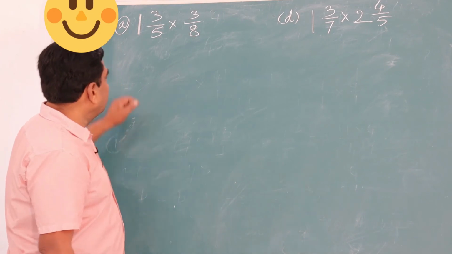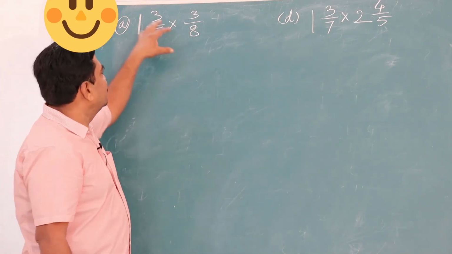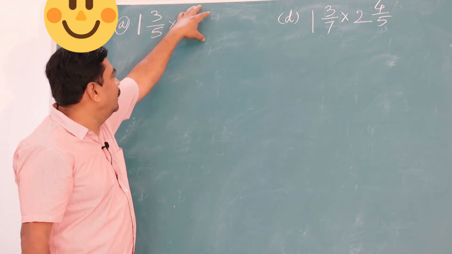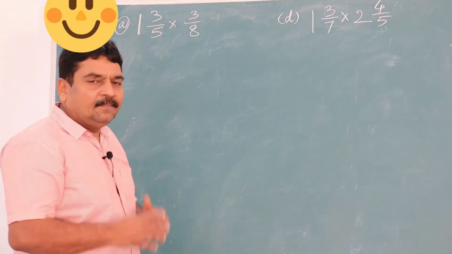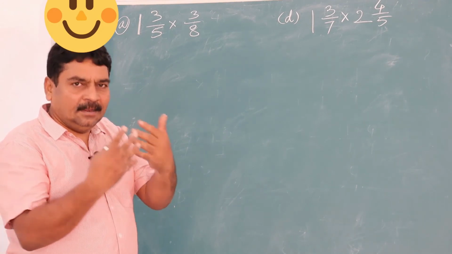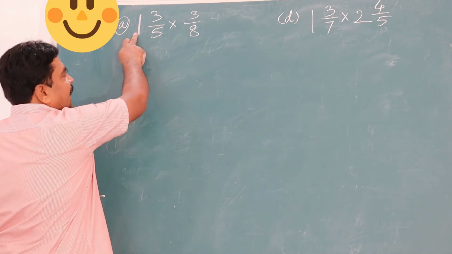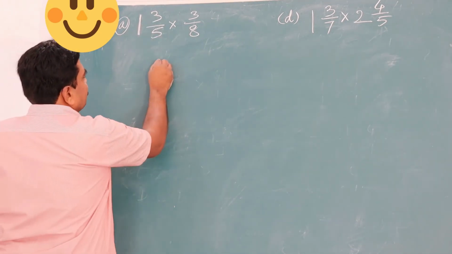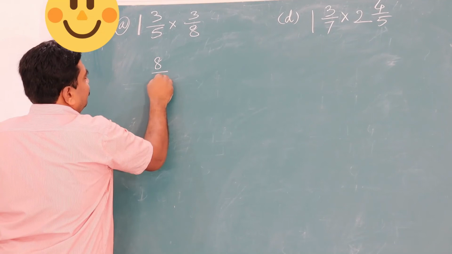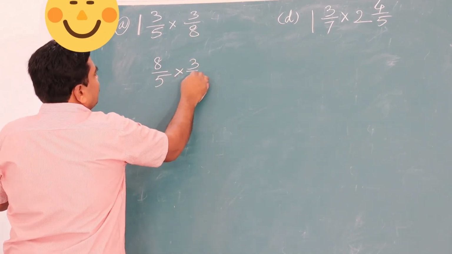In the question you have two values. One value is in mixed number form and another value is in fraction form. First you convert the mixed number into an improper fraction. That is 5 1s are 5 plus 3, 8 by 5 into 3 by 8.